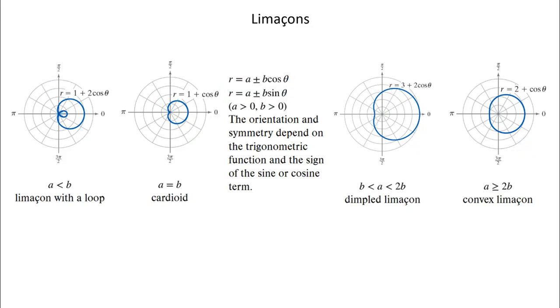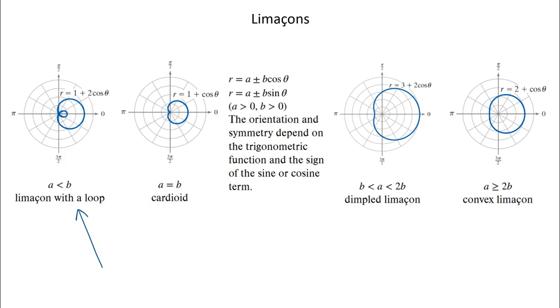So now that we know how to tell the difference between a cosine limaçon and a sine limaçon, let's talk about the different shapes that limaçons come in. The first shape that you see here is called a limaçon with a loop. You notice that this limaçon has an inner loop right here.